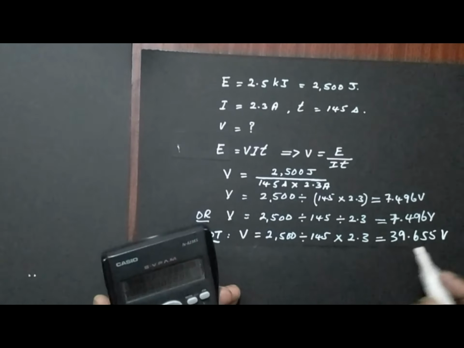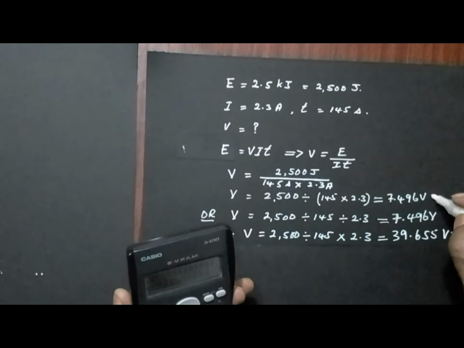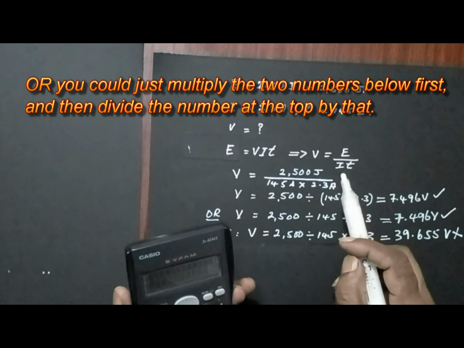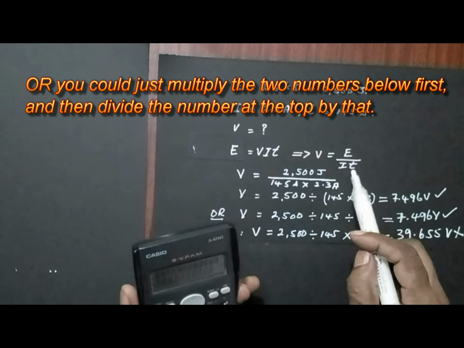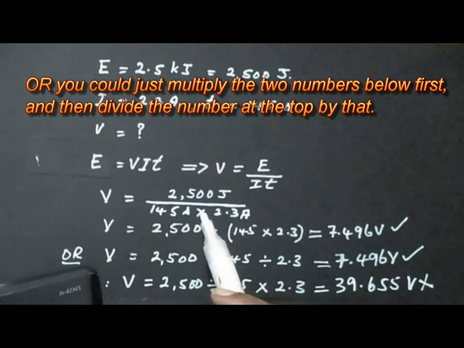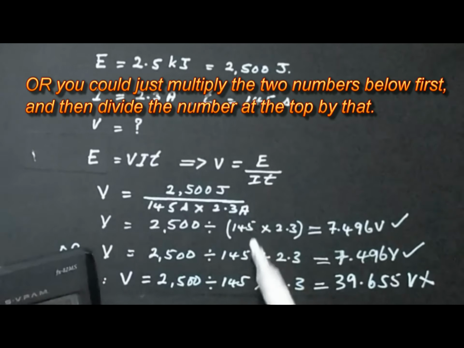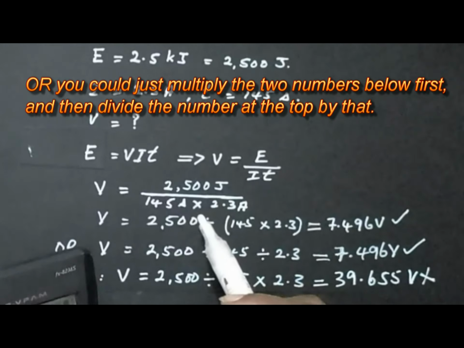And of course, this is wrong. These two are correct. So be careful of this kind of math that you do, where that multiplication means multiplication only if you are using a bracket here. If you are not using a bracket, that multiplication is actually a division.